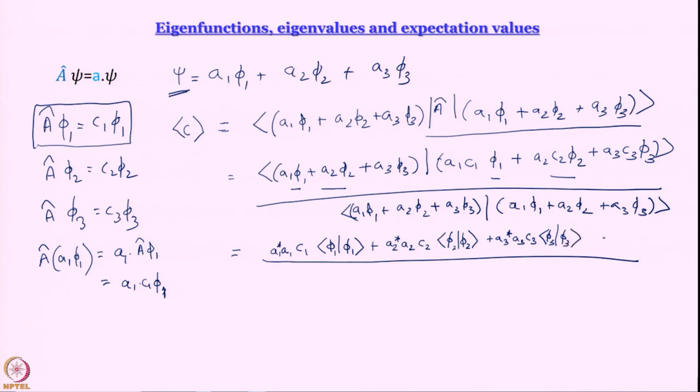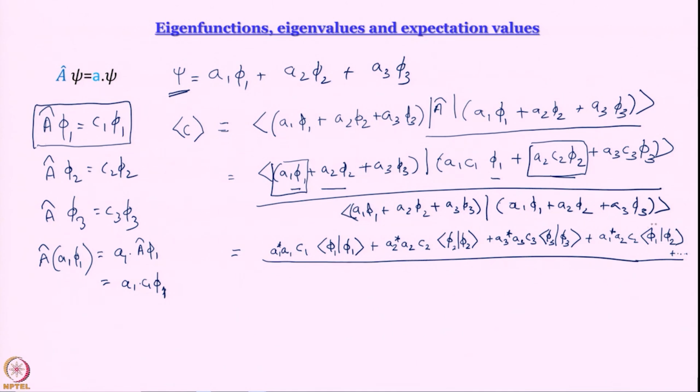over all space, and then I just write one more term and not write anything else, because what will be this one, for example. If I take A1 phi 1 and A2 phi 2, then I will get A1 star, remember anything in the bra vector is actually complex conjugate, A1 star A2, then I will get C2 is a constant, it comes out, integral phi 1 phi 2 over all space, and I will get many more terms like this.